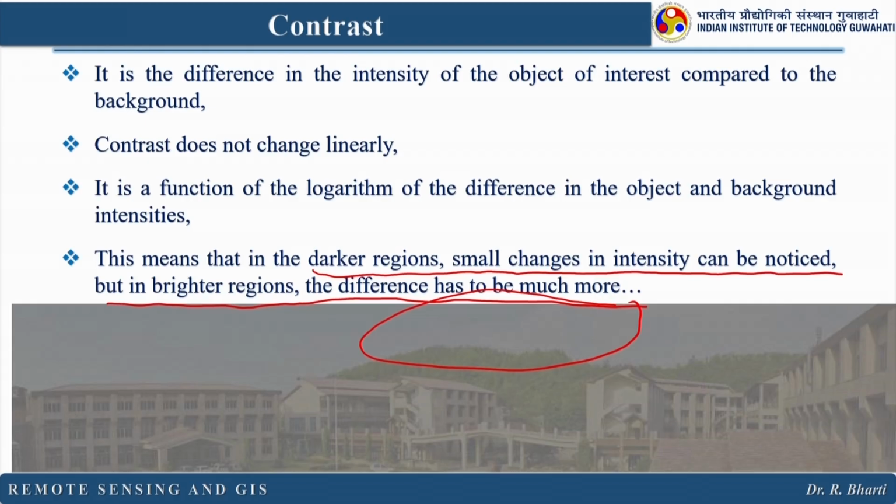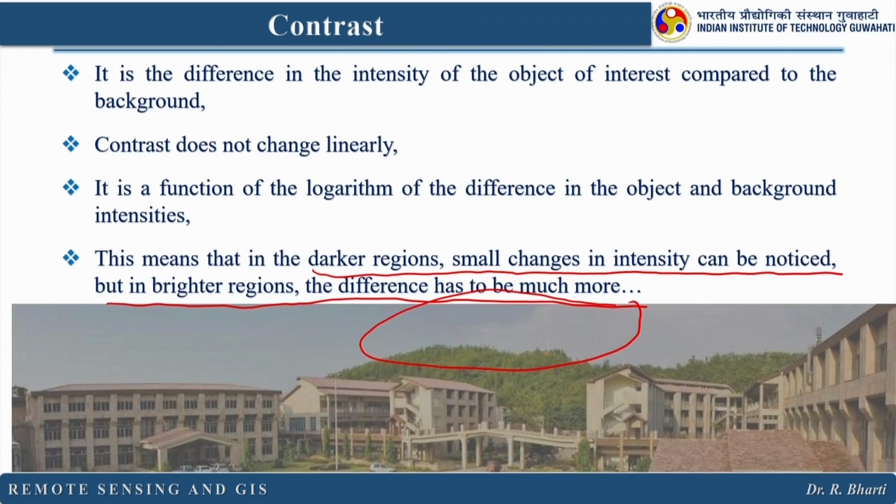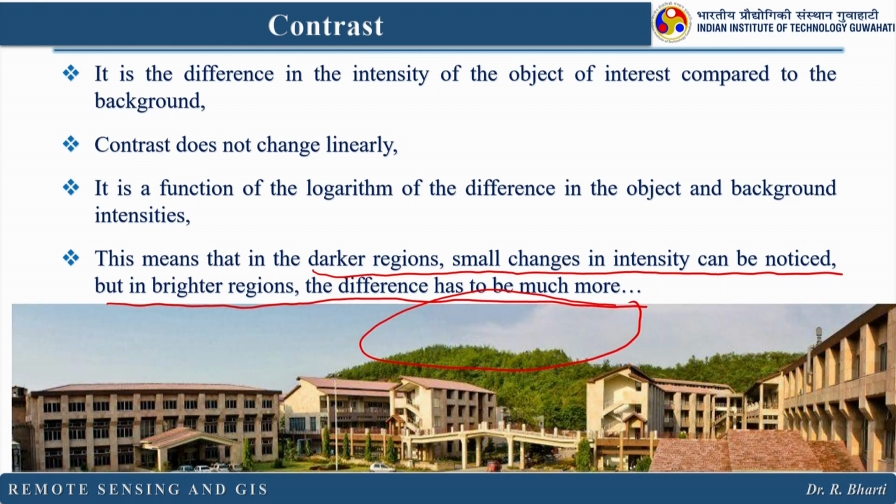In this particular image, there is nothing visible in the center of this circle, right? But as you change the brightness and contrast of your photograph, this will be very prominent. So what it says is that if you have a brighter image, then you need a very strong line, or the difference should be more. But if it is dark, then lighter intensity can be noticed.